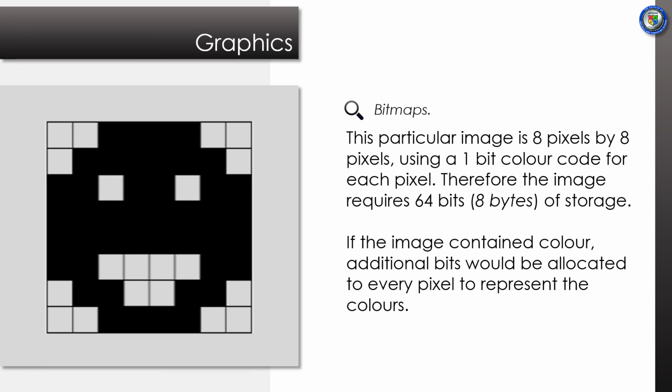If this image contained colour, additional bits would be allocated to every pixel to represent the colours. For example, in a true colour photographic image, we would use 24 bits per pixel. This would significantly increase the file size of this image.